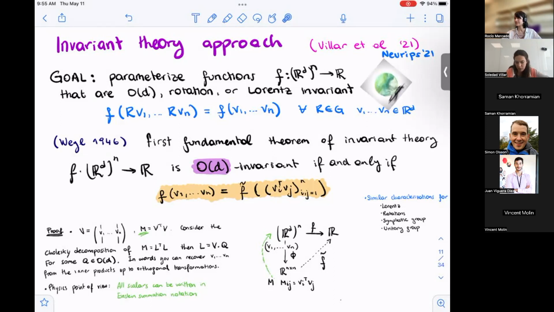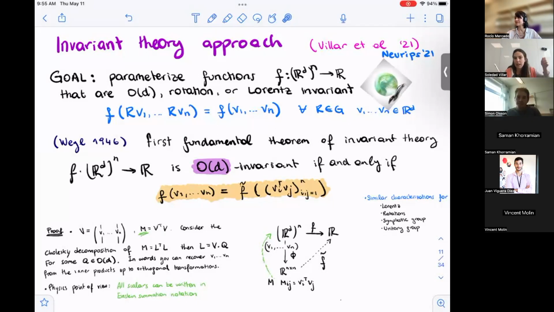So here the bilinear form is the inner product. Then the invariants are written as a function of this bilinear form of these two elements, and then that characterizes the space of invariant polynomials, or the invariant functions.